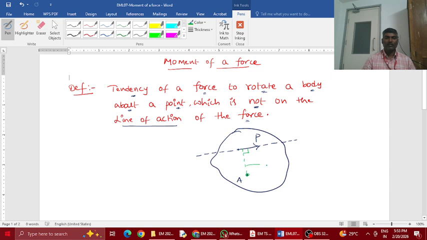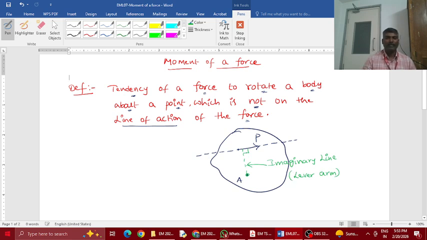So this is an imaginary line, right? It is an imaginary line. Okay. So this line is called as a lever arm. Okay. Or simply arm.